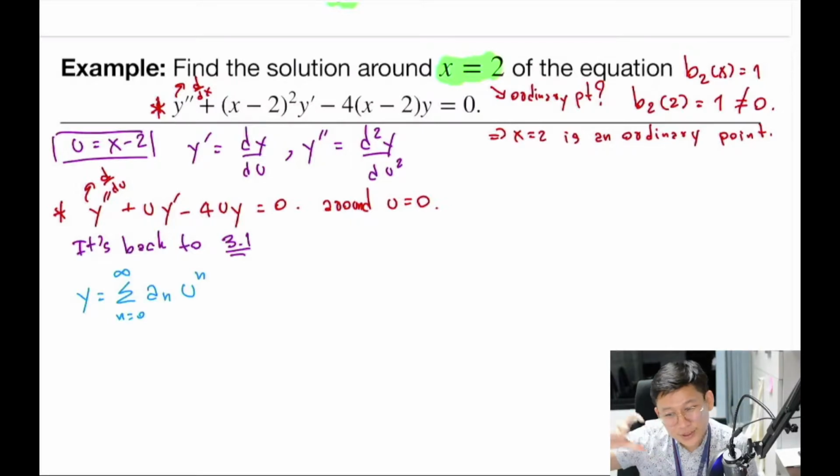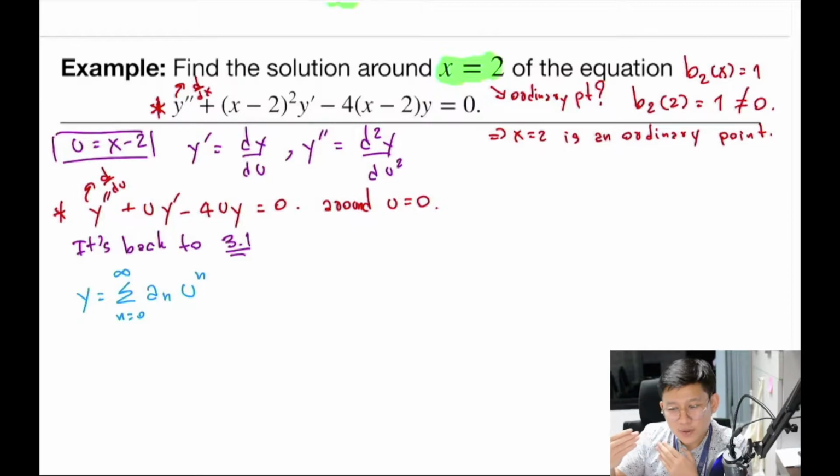And then we do substitution, rearrange the terms, and change the exponents, change the summation. After that we set all the coefficients to 0. After that we get some conditions and the recurrence relation, and then we can find a1, a2, a3, all the a's until whatever we want, and then we get the solution.